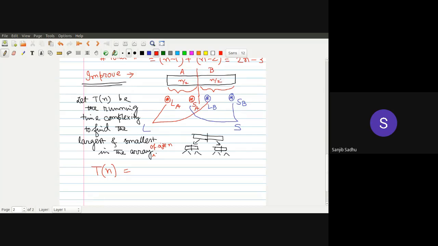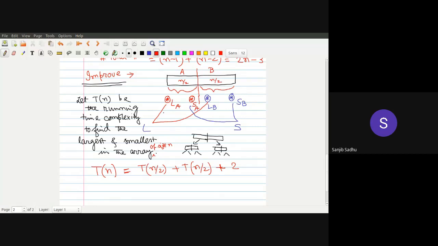But n by 2 or n by 2 plus 1 does not matter much, because we are mainly worried about the order of the time complexity. Here, can I write T(n) = T(n/2) + T(n/2) + 2?